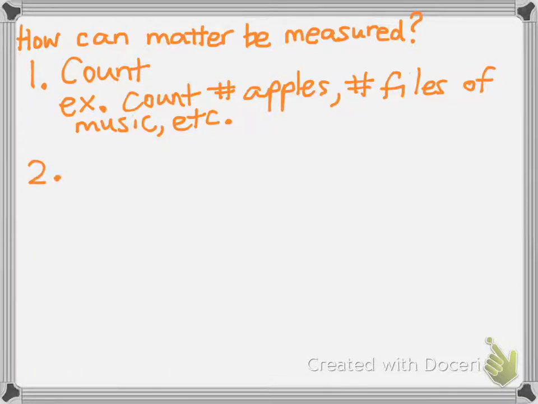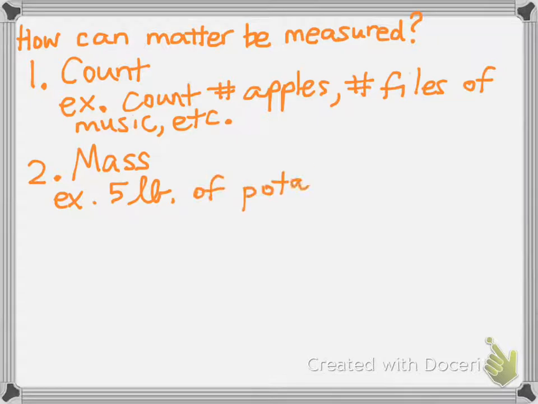A second way that we often measure the amount of matter that we have is we use mass. Again, this is a great one to think about the grocery store. Think about the things that you buy by mass. Now, in the grocery store, you probably don't call it mass. You probably call it weight. But think about the items that you buy by weight. Maybe some examples would be 5 pounds of potatoes, or 1 pound of candy.